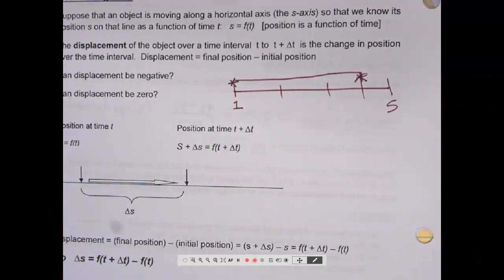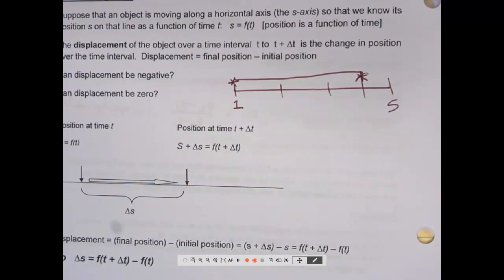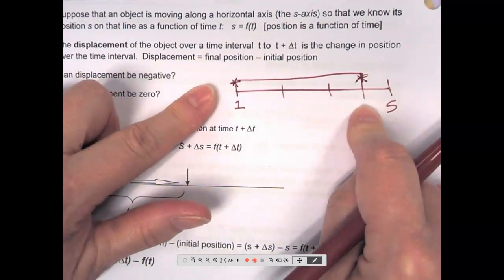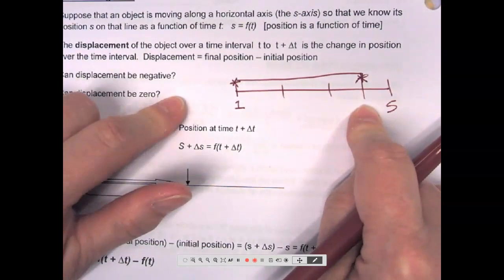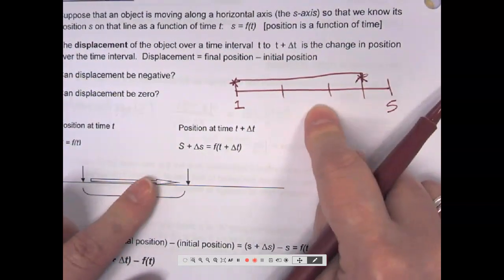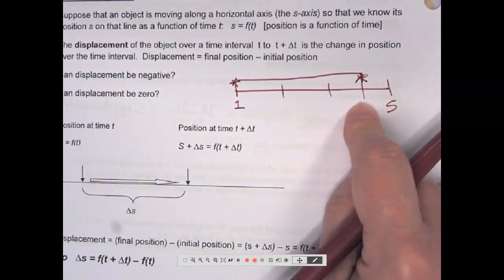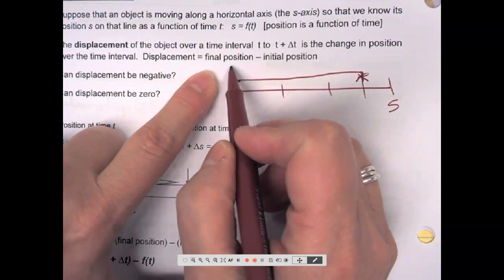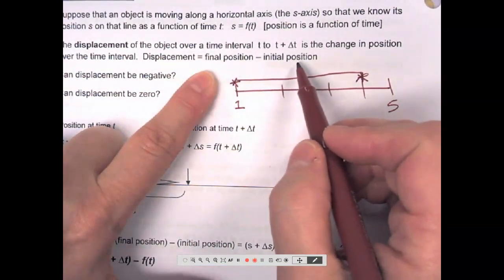What is my displacement? 4 minus 3. Okay, is it negative 3? No. Okay, but what if I started at 4 and stopped at 1? Then it's negative 3. So the difference is where you started and where you stopped in relation to each other. So that's what this means. Displacement is where you stop minus where you started.